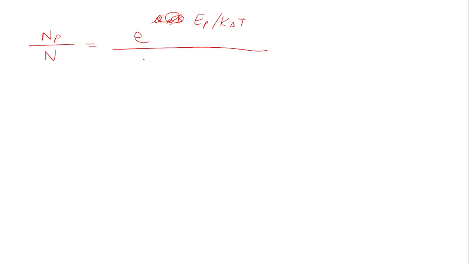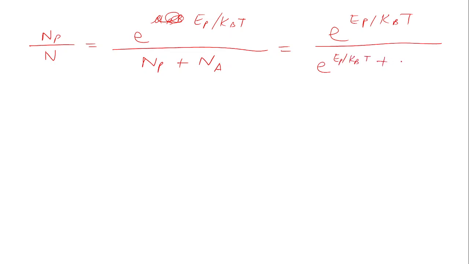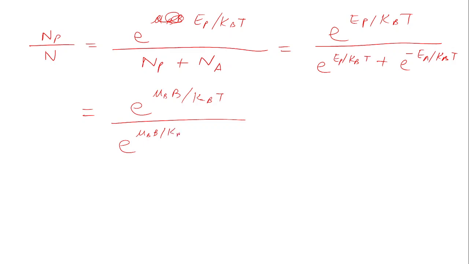And here it's a total. Total means number of parallel magnetic moments and number of anti-parallel magnetic moments. So then it will be e to the power EP by kBT plus e to the power minus EA by kBT. Okay. So when we keep EP as mu B B divided by kBT, here also it will be e to the power mu B B by kBT.